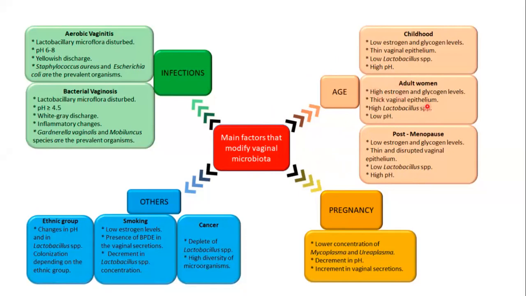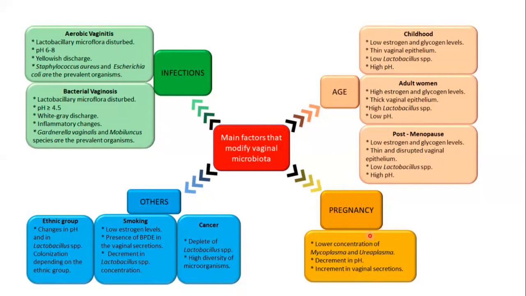The vaginal epithelium is thick, and they have high lactobacillus, which leads to a low or acidic pH. Postmenopausal sort of reverts to what's found in the prepubertal or childhood age, where they have low estrogen and glycogen levels, thin vaginal epithelium, but it's also disrupted, and then low lactobacillus and therefore high pH.